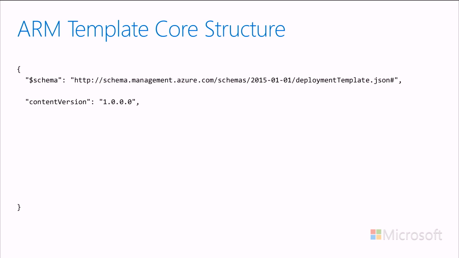Okay, so if we look at the Azure template core structure, it really has a few things. And this is the default structure that you have to put into any template that you create. The bit that you see at the top where it says schema is the actual schema that dictates the format of the template.